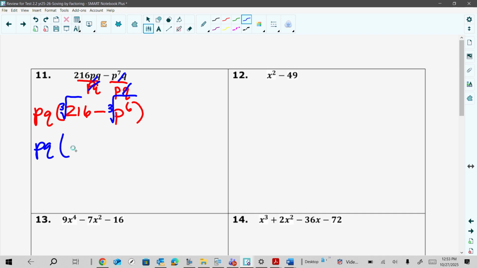You can take the cube root of 216 and you can take the cube root of P to the 6th. The cube root of 216 was 6. But when I take the cube root of P to the 6th, basically I'm just dividing the exponent by 3. So that's going to be P squared. And then now I'm doing 36 plus 6P squared, then plus P to the 4th power.